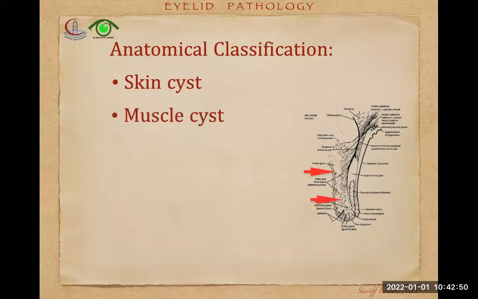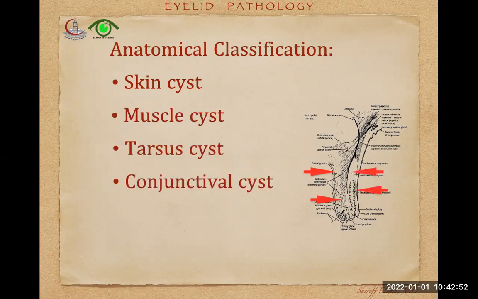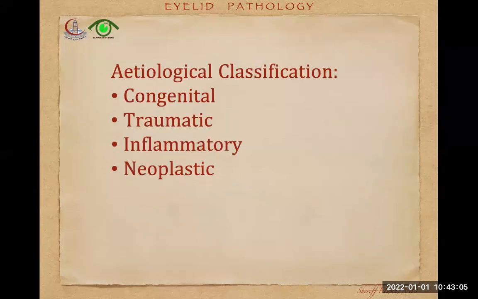Anatomically, they may occur in the skin, in the muscle, in the tarsus, in the conjunctiva, the 4 well-known layers, and in the margin. So the cysts might be skin, muscle, tarsus, conjunctiva, or margin cysts. Etiologically, there might be congenital, resulting from trauma, resulting from inflammation, or from a neoplasm.